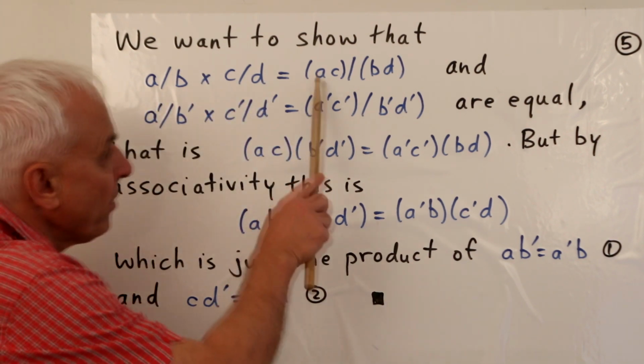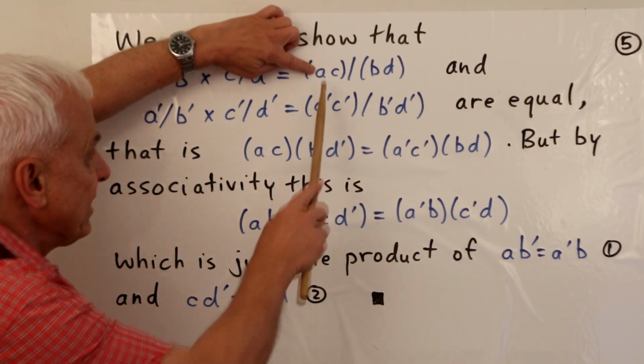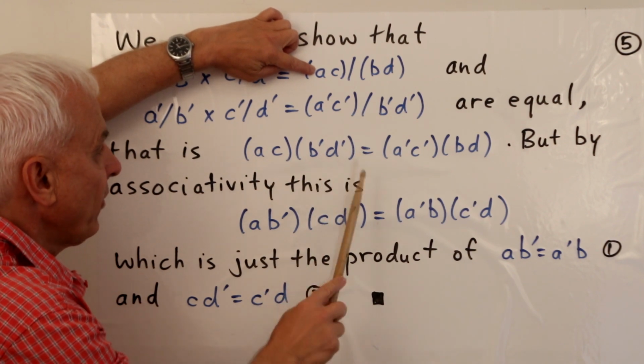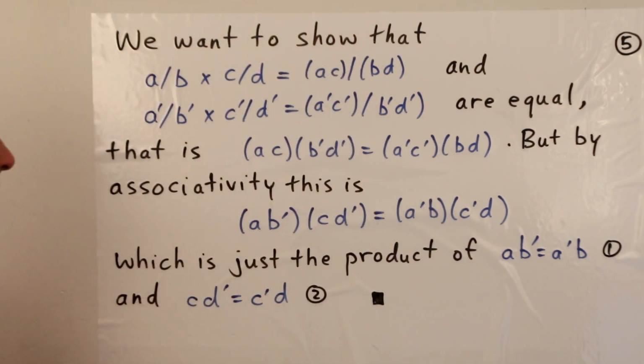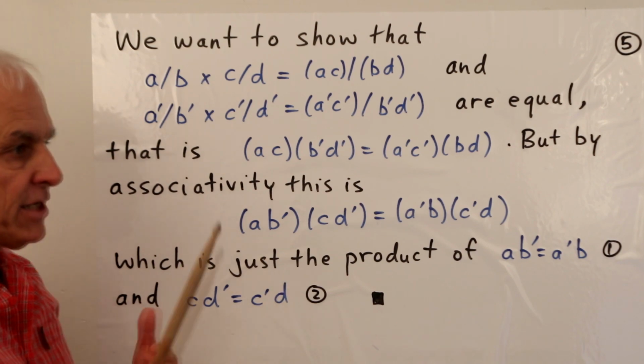Now what does it mean for this fraction to be equal to this fraction? It means that AC times B prime D prime equals A prime C prime times BD. Okay, so this is the condition that we want to satisfy.